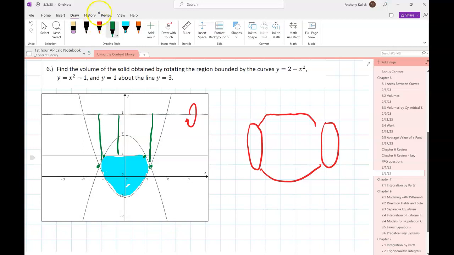Well, it's going to be a washer, right? The outer radius is constant the whole time. That's true. But the inner radius is changing. It changes from one function to the horizontal line back to the first function again. You know what I'm saying, Mia?